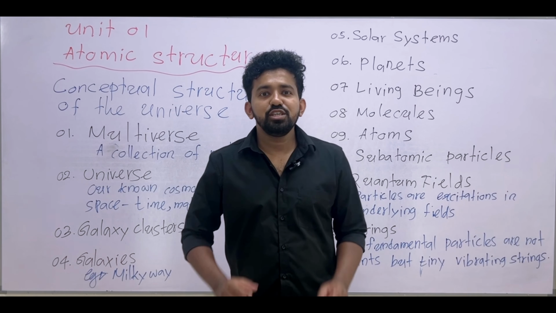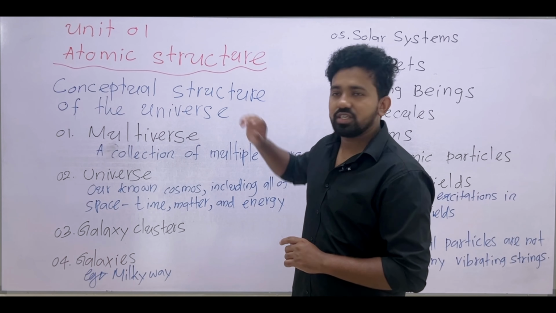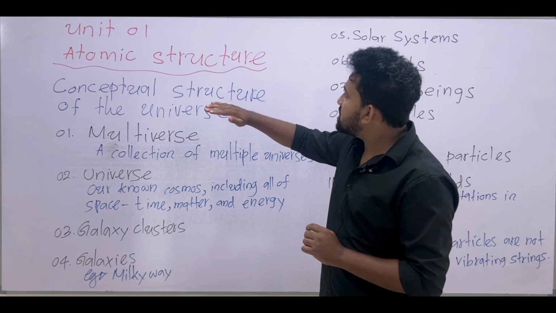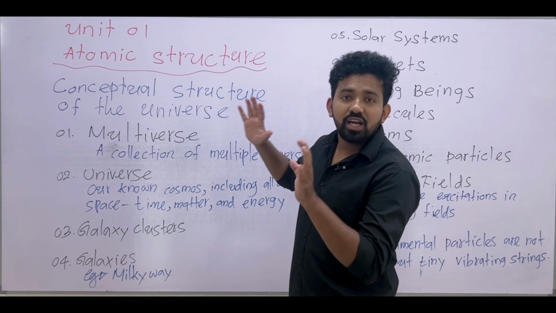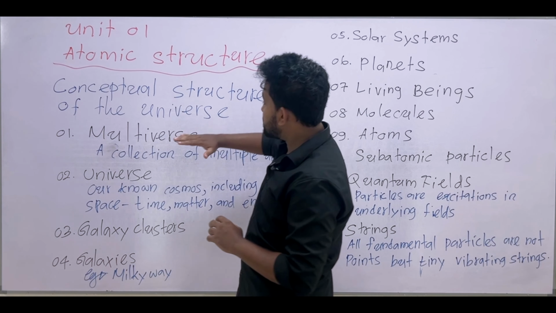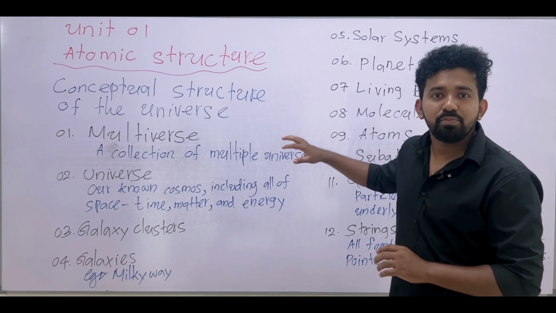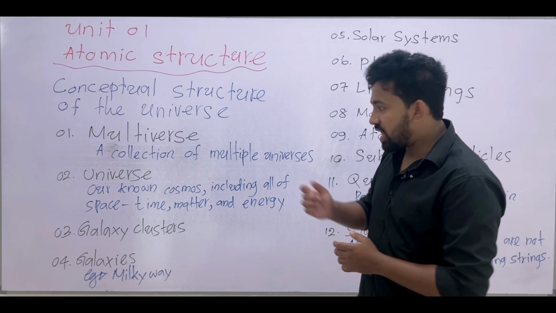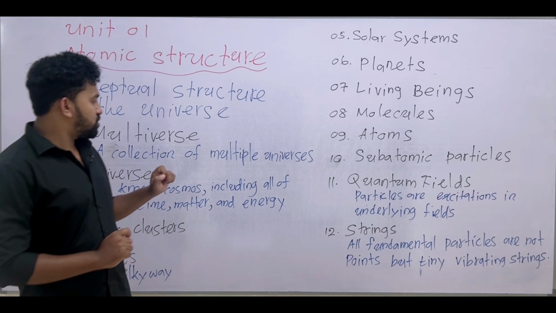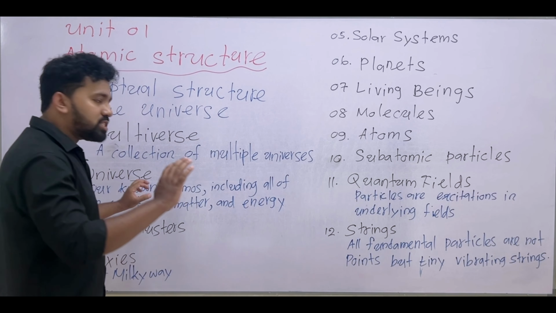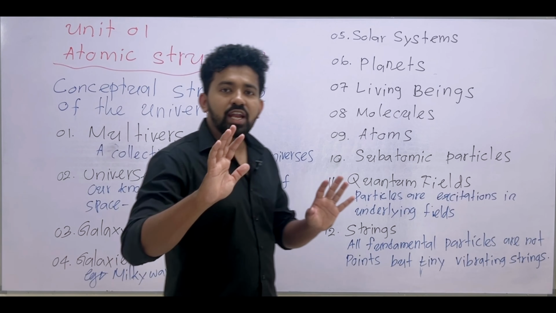Okay, let's start the first unit, atomic structure. Here I have given the conceptual structure of the universe. The big one is the multiverse, a collection of multiple universes. Then comes the universe, our known cosmos, including all of space-time, matter, and energy.